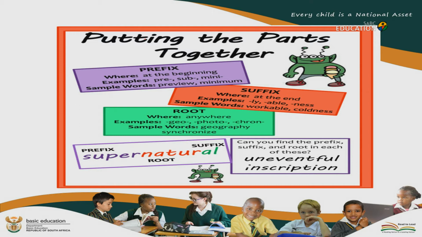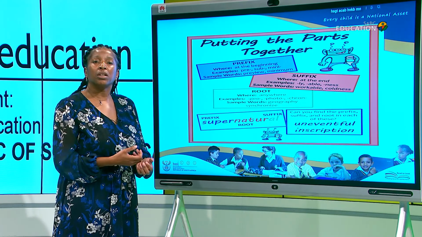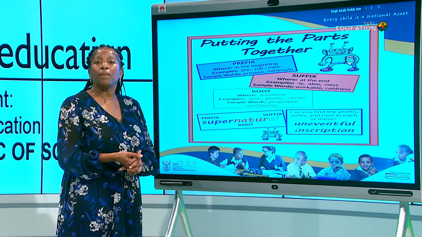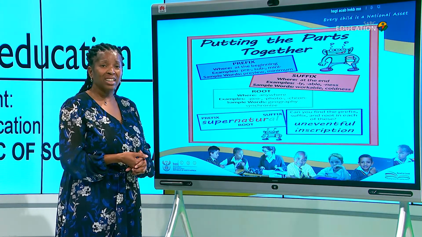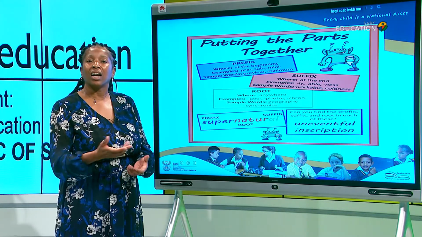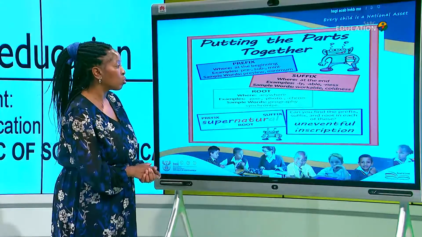So you may have interested or disinterested or uninterested. Another example is prove. Prove can be improvement, it can be improve itself, and you can come up with many other ways of changing that word.